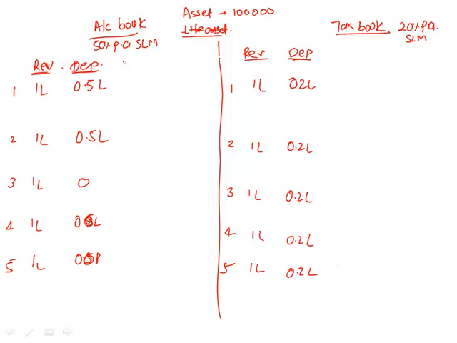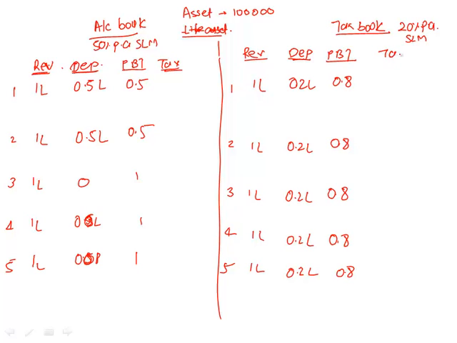Because depreciation is different, your profit before tax is going to be different. So profit before tax 0.5, 0.5, 1, 1, 1. Profit before tax for each of the year would be 0.8. Now we would look at the value of tax that we have to pay.